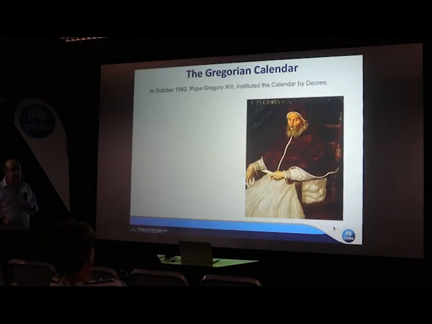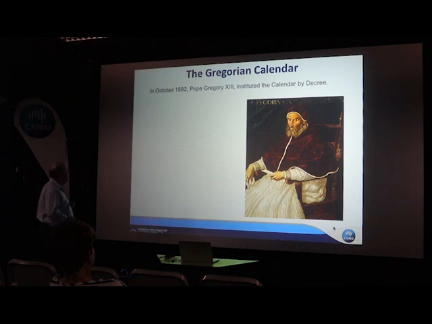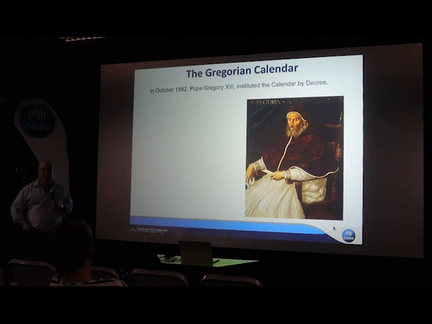So, in October 1582, Pope Gregory XIII instituted the calendar by decree. Now you have to realise that at that time, only the Pope had the sufficient authority and clout to just remove 10 days and have everyone agree to it. Okay? No one else could have done it.